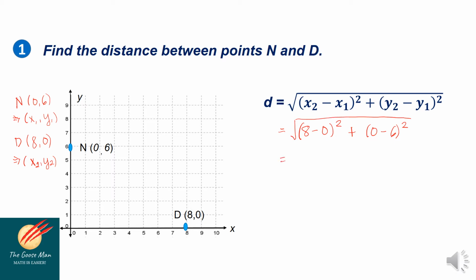So we have 8 minus 0 is equal to 8, squared, plus negative 6, squared, and take the square root. So this is the square root of 64 plus 36. Simplifying further, we have the square root of 100. So the distance is equal to 10.